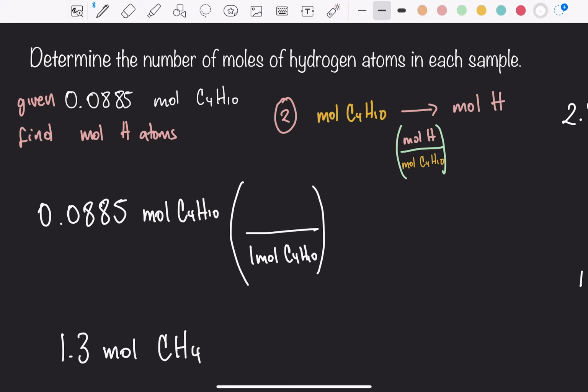Perfect. So there are 10 moles of hydrogen. Then I can finish up my calculation, and at the end of this, I'm going to have 0.885 moles of hydrogen.